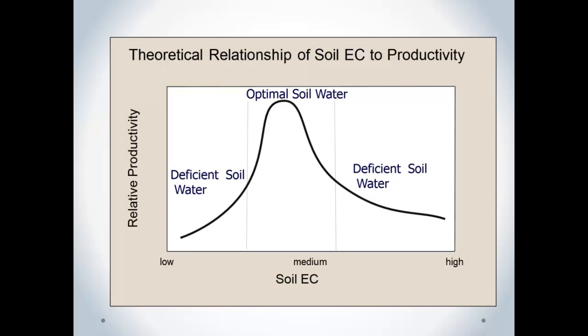You get into the middle part of this figure, and you have more optimal soil water, and that's where you get your optimized production, and then it tails off as you get more clay, and that clay prevents storage of soil water and makes less plant available water as you get more and more clay. So you get this kind of relationship, and we've seen this relationship exist within the same field as well as across many different fields.